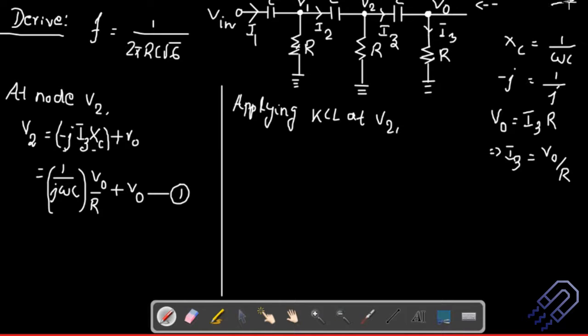If you have a current here, if it comes in or goes out, you can take a plus or a minus. So if the current here is, let's say I1, and this is your I2, the current at this particular point will be nothing but I2 minus I1 or I1 minus I2, whichever convention we follow. So we are going to take Kirchhoff's current law at this particular point, which is V2. If we do that, we can find out what is I2.